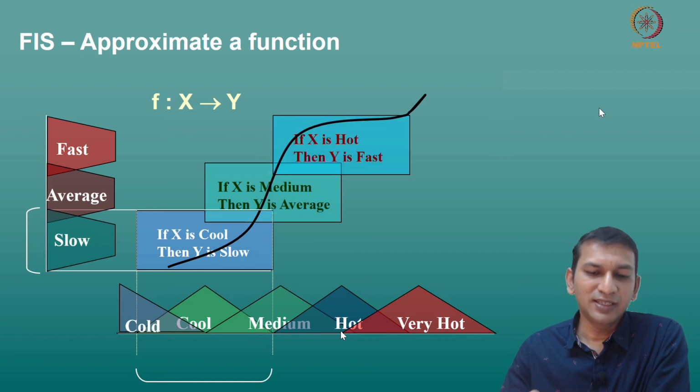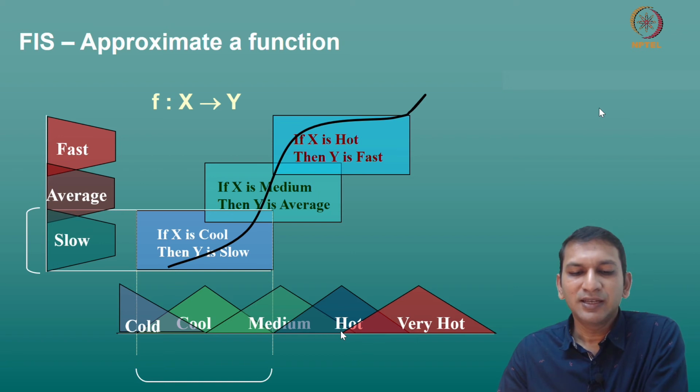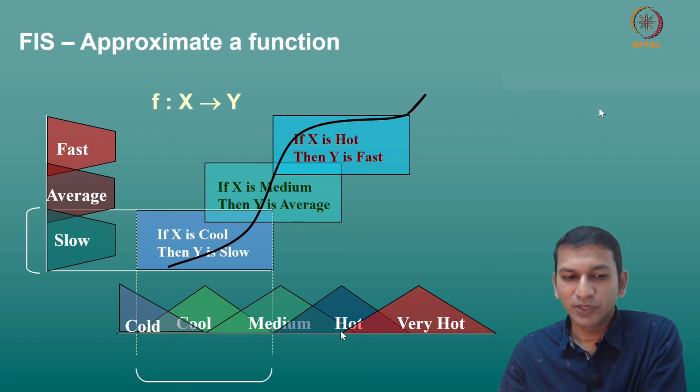Now the second thing is, we clearly see that with these patches, we are trying to approximate the function. We are covering the function. But also note one thing: when we give an input, we would get an output. It's a modified consequent of the slow, average, and fast.